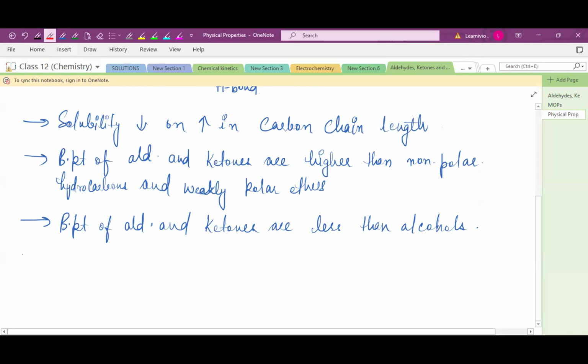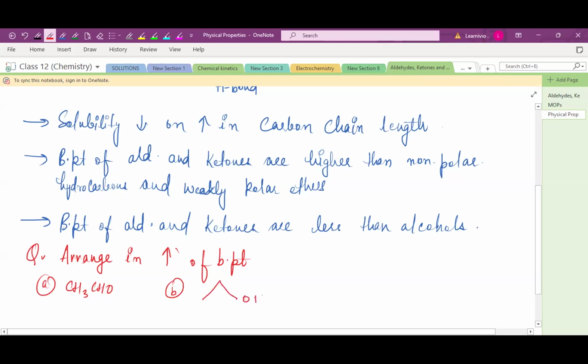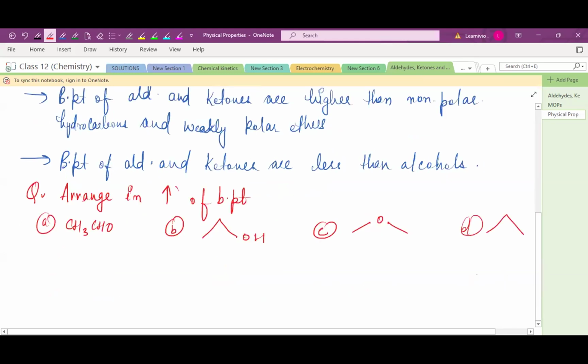For example, if I give you a question, you have to arrange these in increasing order of boiling point. First one is your CH3CHO. Second one is this one. C is your ether, and D is, suppose, this one. Okay, now just arrange these in increasing order of boiling point.